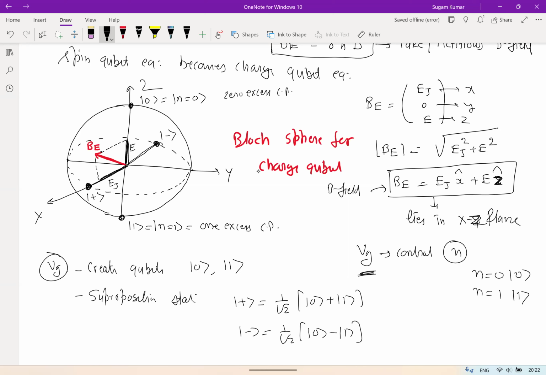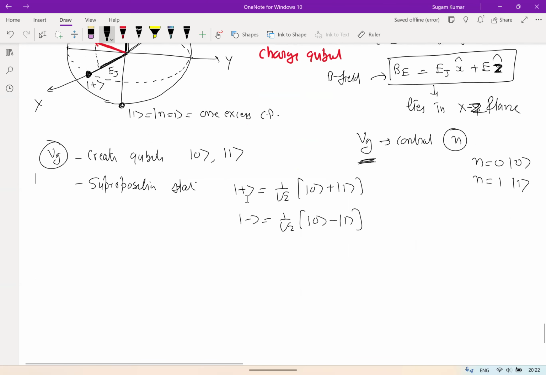In superconducting qubits, there is something called a sweet spot. Very popular. So we say the charge qubit at its sweet spot.